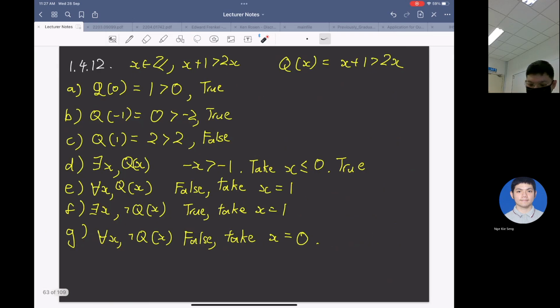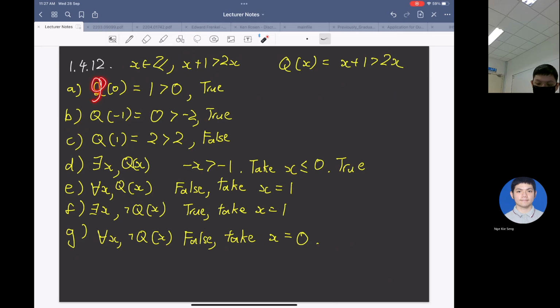This one is more interesting to do. The question is, take x from the integers and look at x plus 1 greater than 2x. Your predicate Q(x) is x plus 1 greater than 2x.